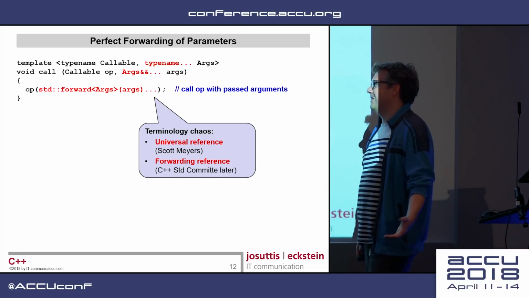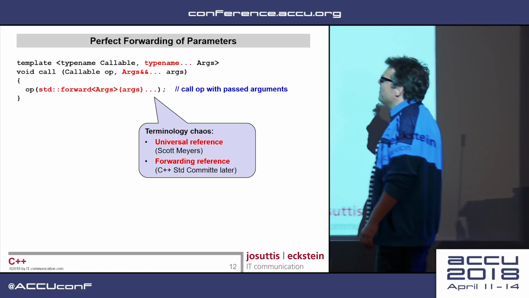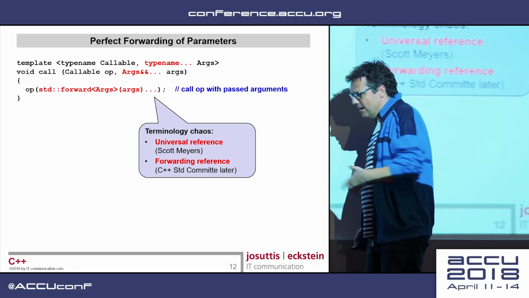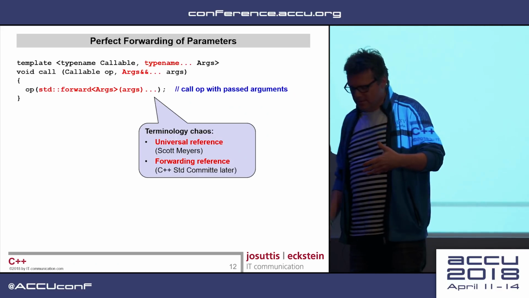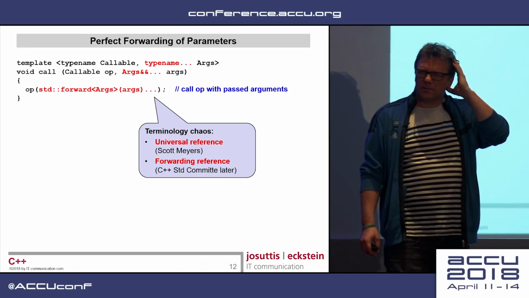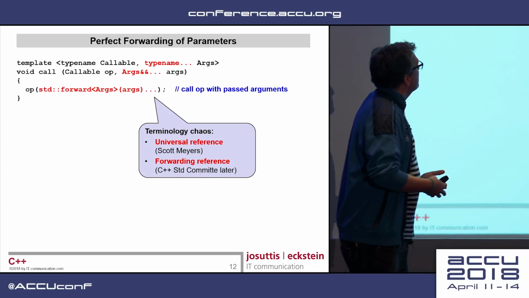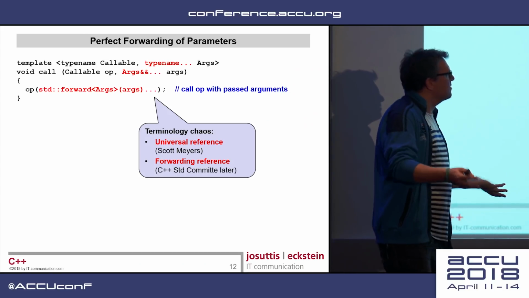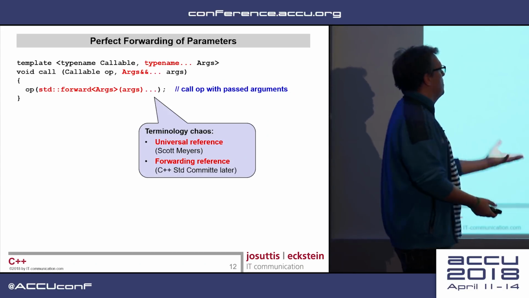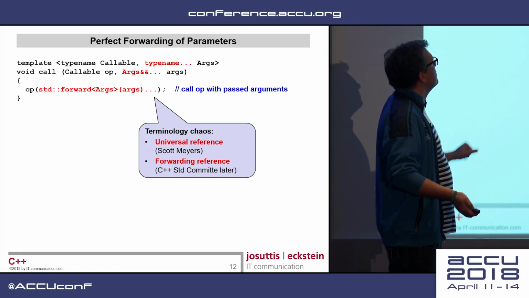It's C++, yeah. So, in any case, if you want to forward something, that's what usually you learn in trainings about modern C++. Declare it as universal or forwarding reference and forward it. Okay, that's easy.